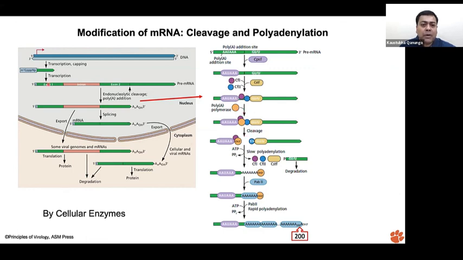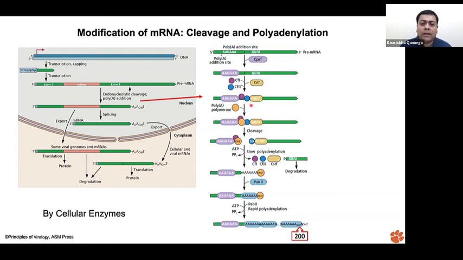Remember that in the pre-mRNA, the polyadenylation does not happen at the 3' end of the pre-RNA. Rather, there will be an endonuclease cleavage where the poly-A tail is added. And again, there are several different factors, not needed, but the famous enzyme, which is actually needed, is the poly-A polymerase.